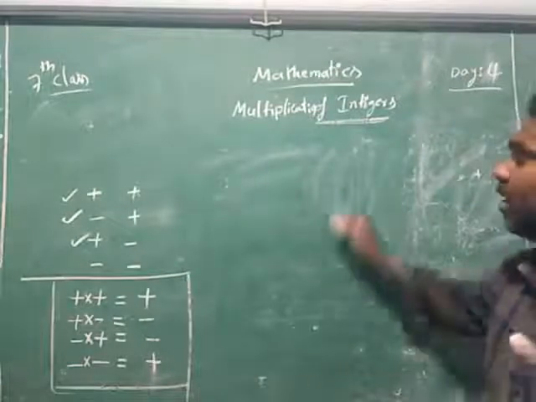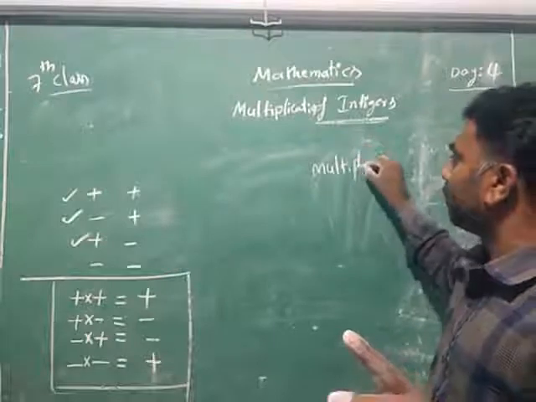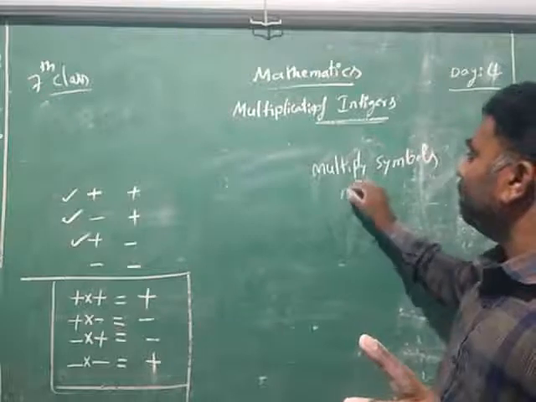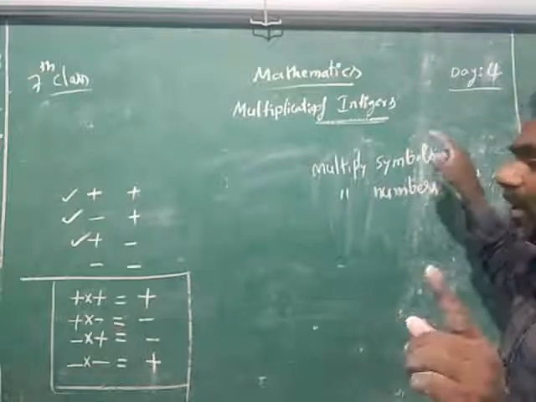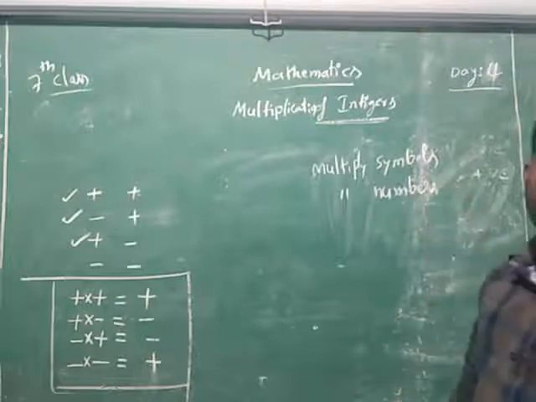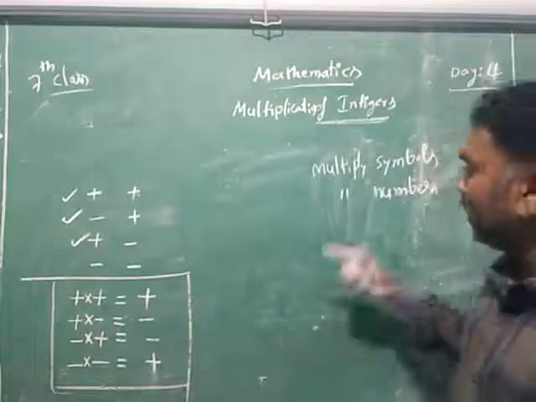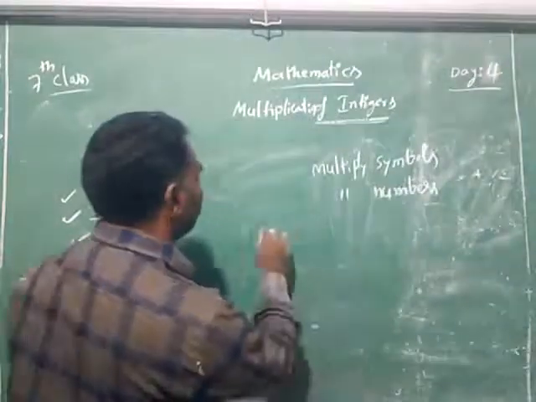The process is first multiply the symbols and then multiply numbers. Multiplying symbols by following this table. Multiplying numbers, you know the method. So once again, 2-3 examples I will explain.